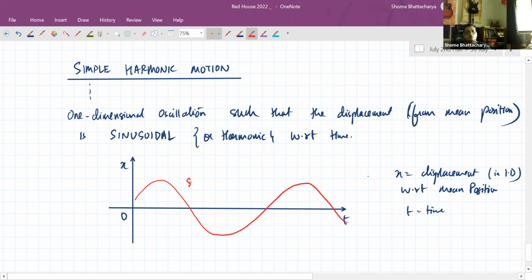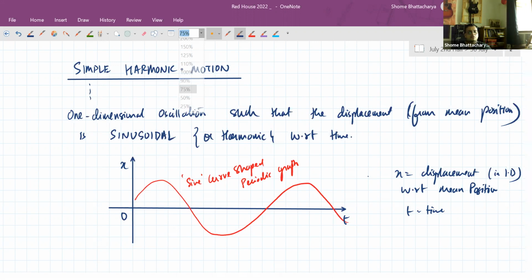So it's a sine-curve-shaped periodic graph. This is literally the meaning of the term simple harmonic motion. The term simple has to do with the fact that it's one dimensional, and harmonic has to do with the shape of the graph, or the relationship between x and t, being a sinusoidal or harmonic relation.